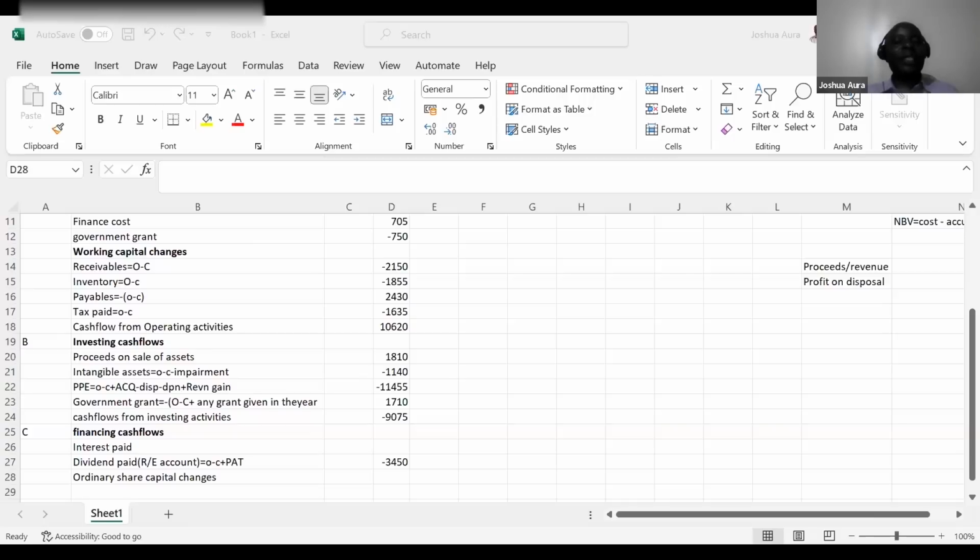If it was a rights issue, I would have made some adjustments. But for a bonus issue, I will never make any adjustment. The moment I hear it's a bonus issue, that is it. Let's just read it for the sake of you guys. During the year ended 30th April 2022, Malum Limited made a bonus issue of ordinary shares of 1 new share for every 10.